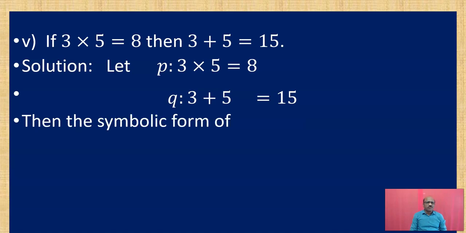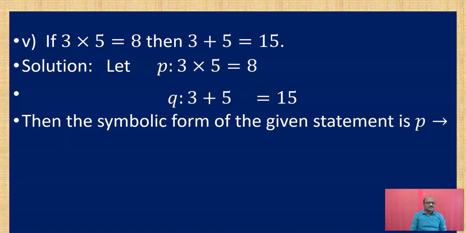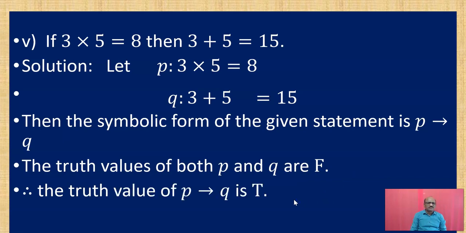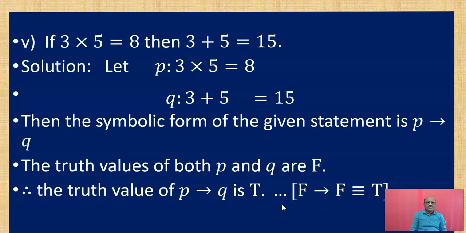Then the symbolic form of the given statement is P implies Q. The truth values of both P and Q are F. F implies F, it is true.